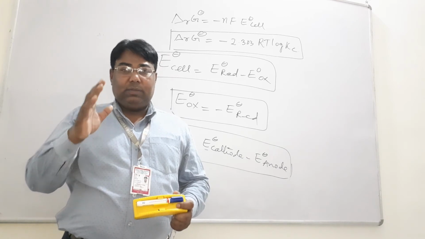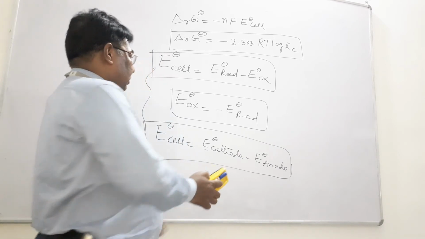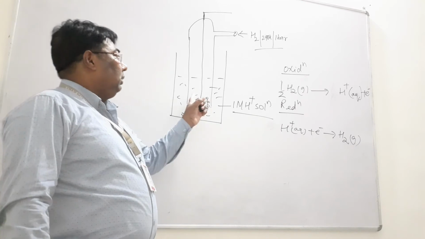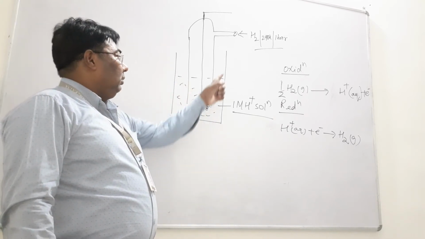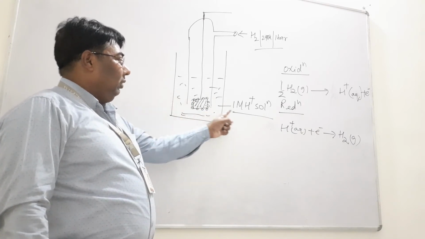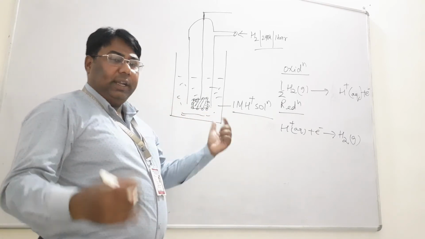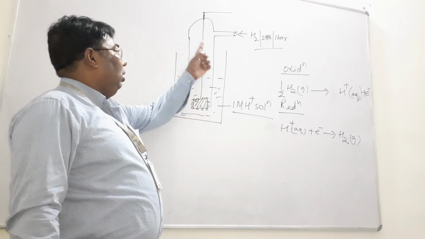Okay, let us move to the diagram. This is the diagram of the SHE. It is built in a chamber containing 1 M H plus solution, or any acid, and then a hood.